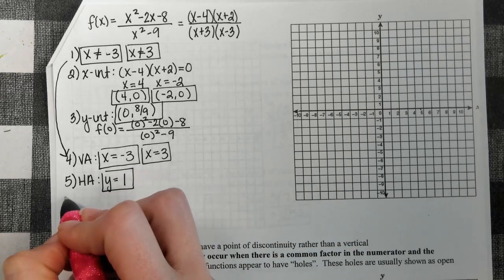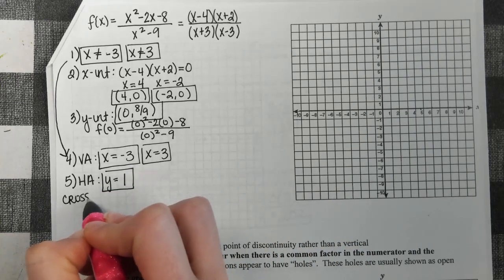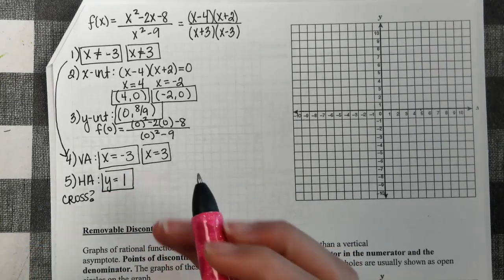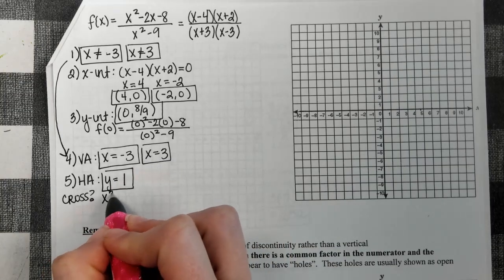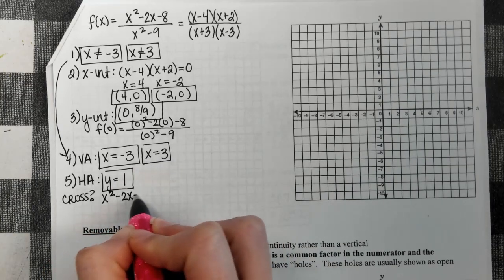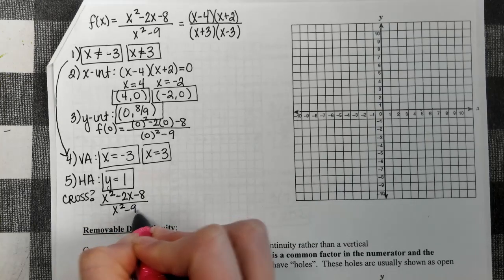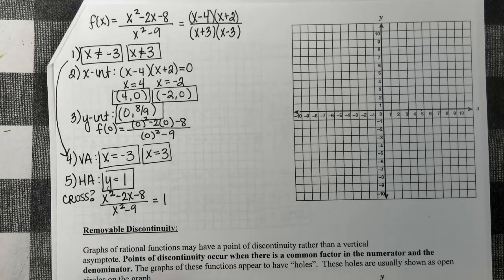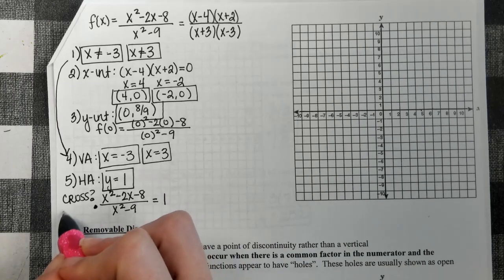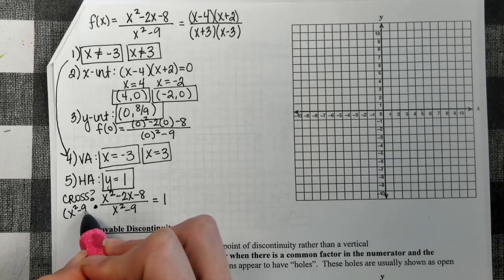Now we need to see, does it cross? So we're going to set that x squared minus 2x minus 8 over x squared minus 9 equal to 1. When I do that, I just need to multiply by that denominator, x squared minus 9.